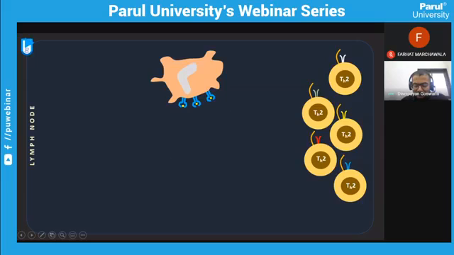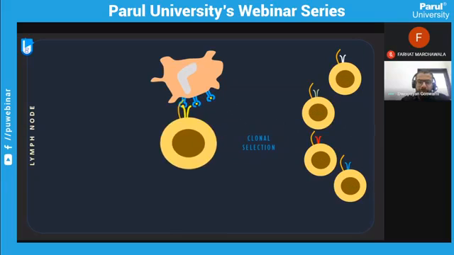Only one out of the several cells can identify the antigen which is loaded on MHC class 2. Only one out of these hundreds and hundreds of cells in the lymph node, only one T helper cell can identify the antigen as a foreign antigen.